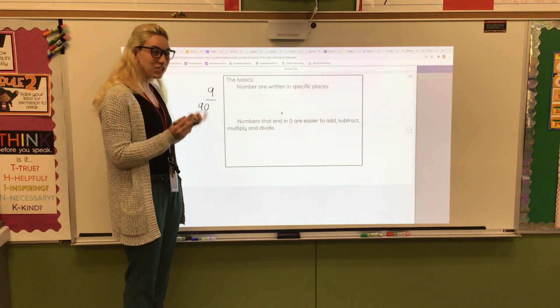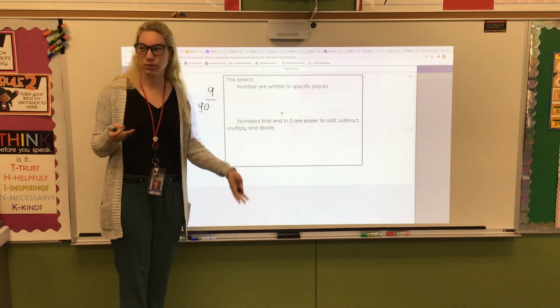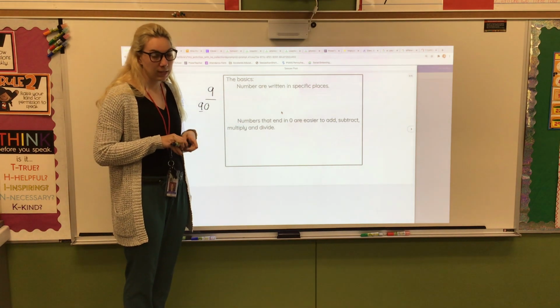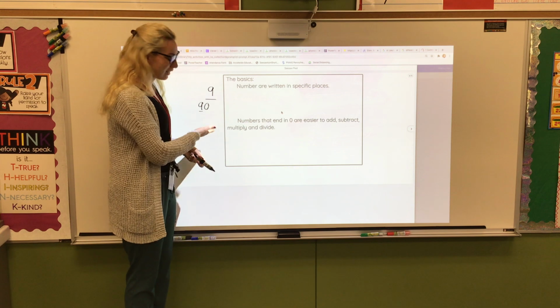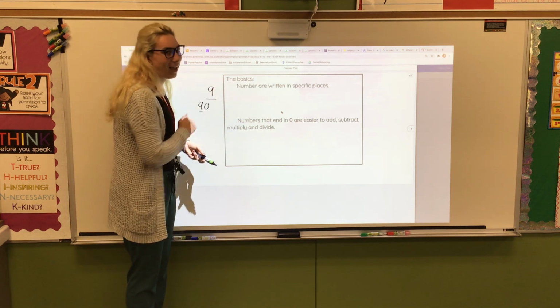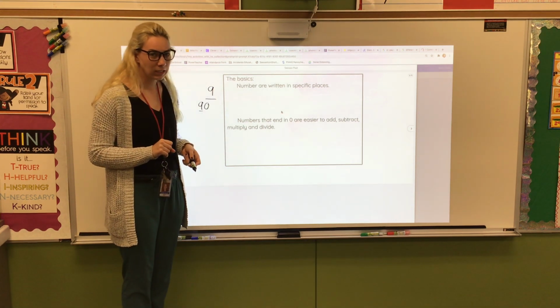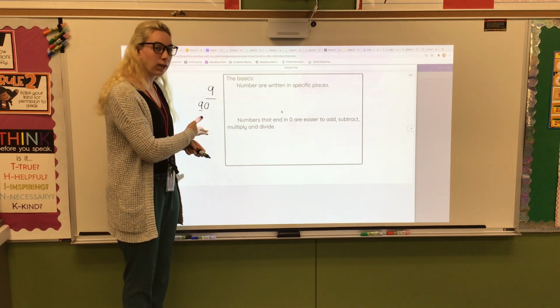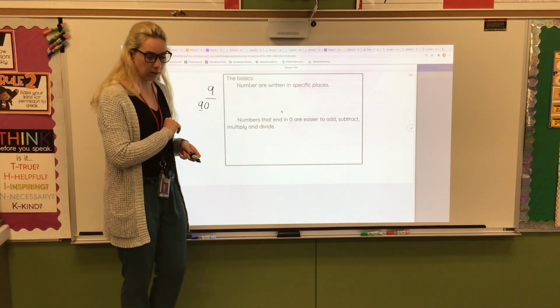So while the digit 9 stayed the same and I didn't do anything to change it, the value of it changes. If I say you earned $90 and I give you 9 $1 bills, you're going to think I've gone crazy. So make sure you know what place value we're in because that's very, very important.